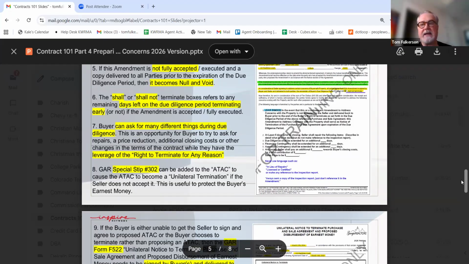So if you're dealing with a seller who is slow to respond, or you find yourself on day 10 and it's 7 o'clock at night, and you're getting ready to present this amendment, I would go ahead. First of all, it should be presented sooner, but if you are in that situation, always add that GAR form special stipulation to protect the buyer's earnest money.